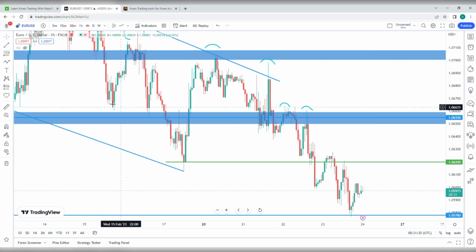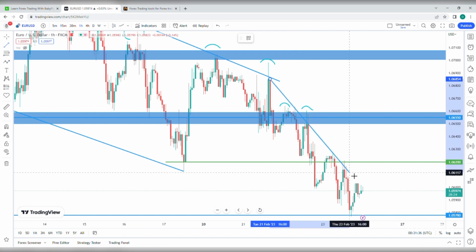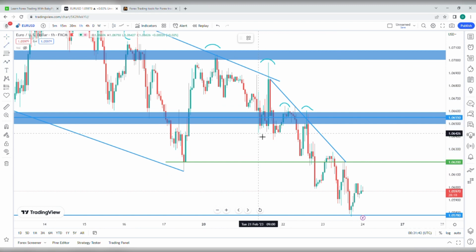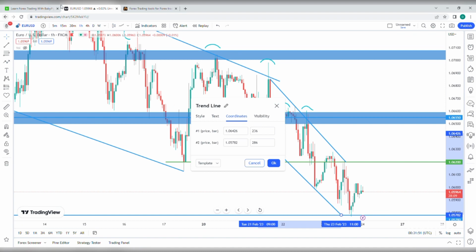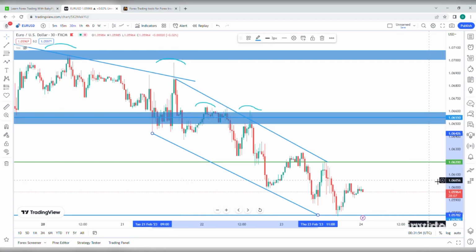So what happened is I had the confluence set up for a sell, and I had this on my MT4 on my phone. I had this trend line, the minor trend line, on the 30 minutes time frame. Go to the 30 minutes so we can see what I saw.